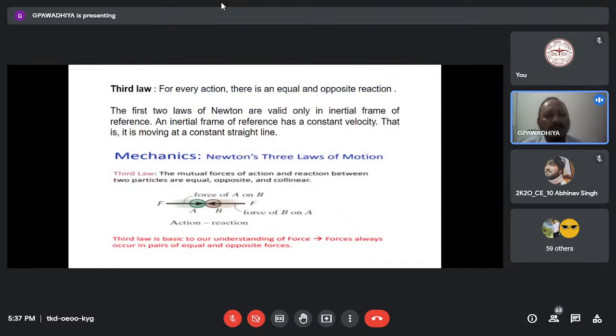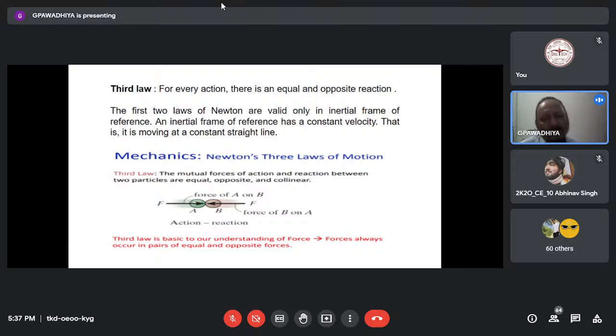So basically, the first two laws of Newton are valid only in an inertial frame of reference, and an inertial frame of reference has a constant velocity. That is, it is moving along a constant straight line. And the third law means, whatever action is there, if two bodies are interacting, one important requirement for the third law is the interaction between the two bodies or two point masses.